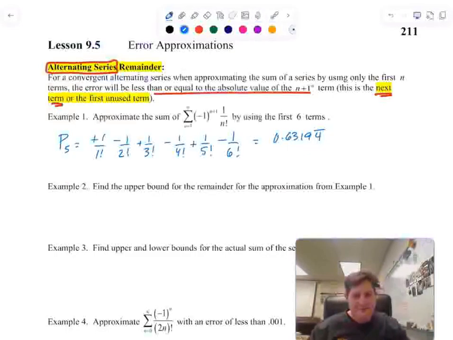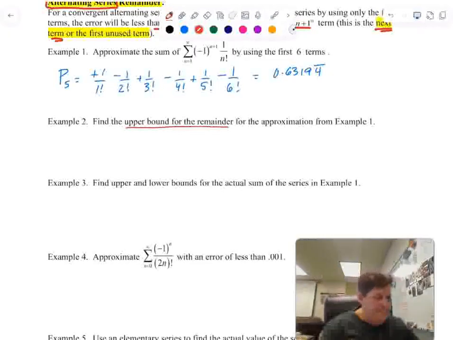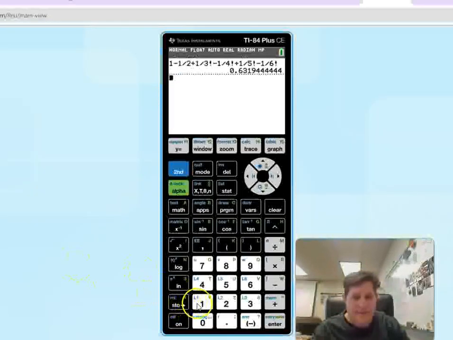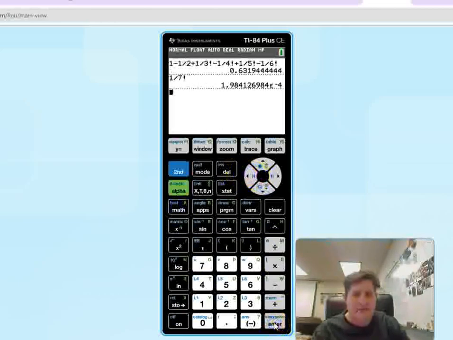Okay, perfect. So this is an alternating series. It says find the upper bound for the remainder for the approximation. Okay? Well, we just go to the next term, you guys. Now, the next term is 1 over 7 factorial. We're adding it, okay? So if I type in 1 over 7 factorial, I get that.